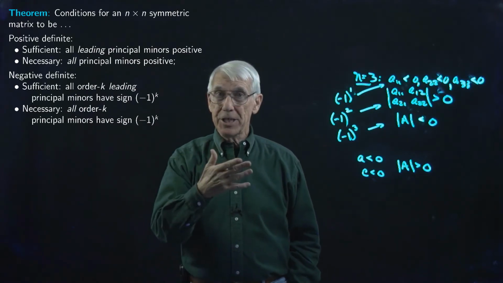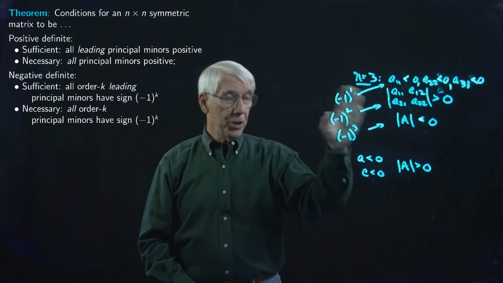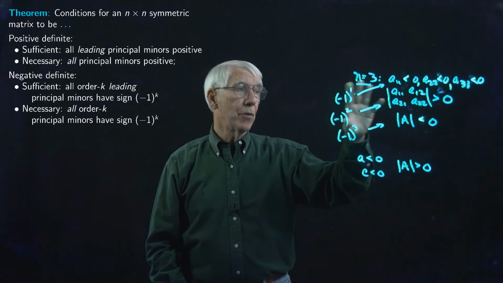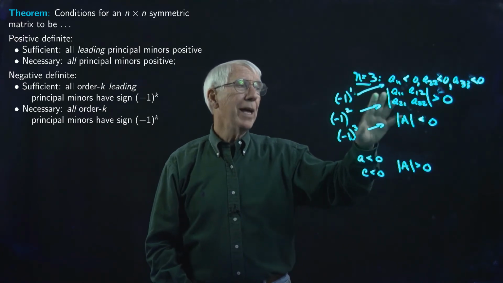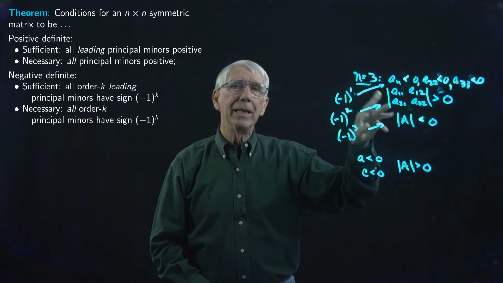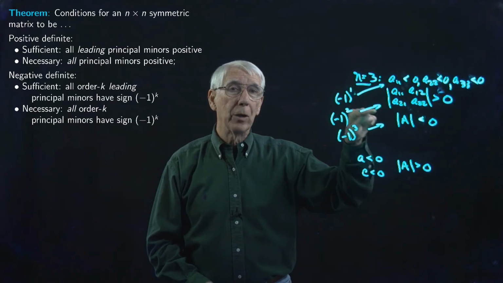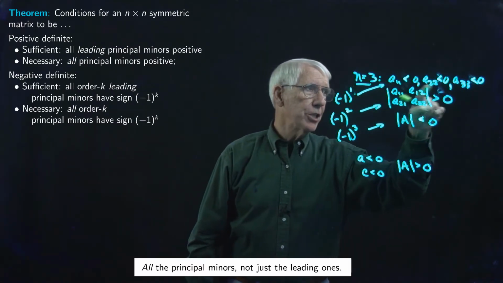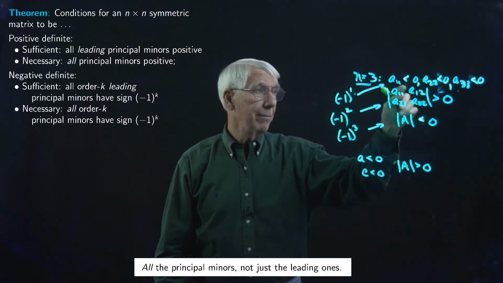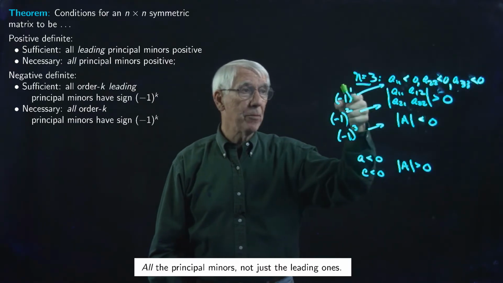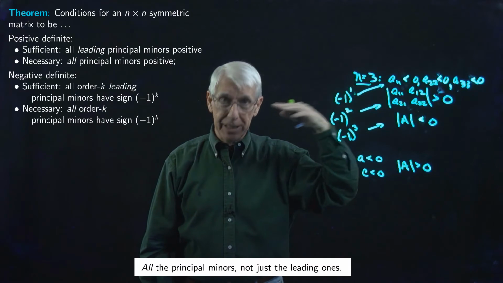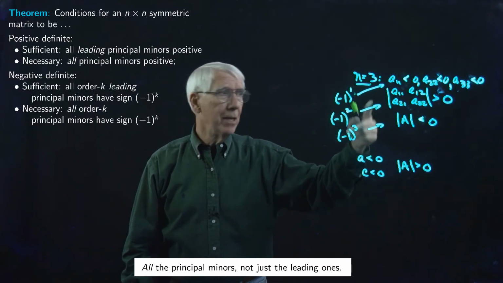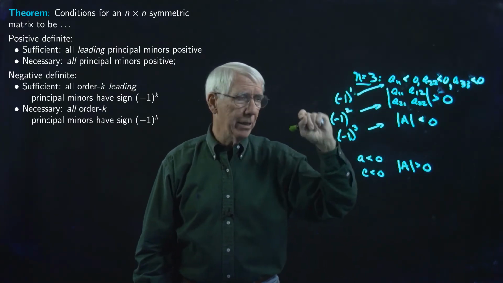And what are the necessary conditions? Well, those are necessary, but in fact, if those hold, then all the leading principal minors will have the right sign. All the leading principal minors of order 1, all the diagonal elements will have to be negative. Again, that one part's obvious for the same reason that we saw that had to be negative.